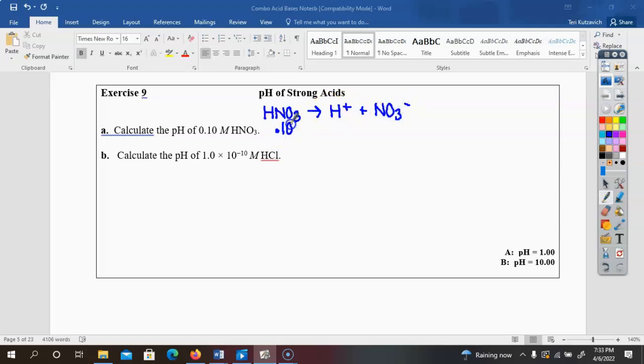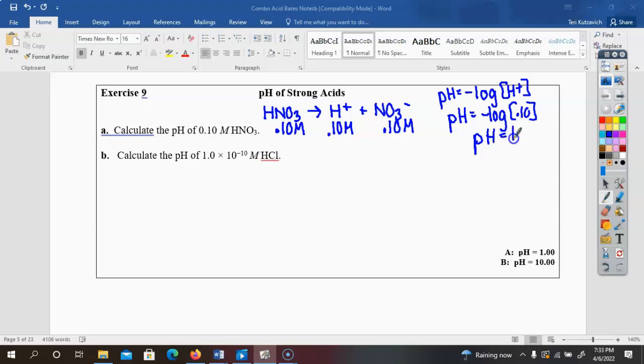If the reaction is 0.1 molar, that means this is going to be 0.1 molar and this is going to be 0.1 molar because it ionizes 100%. So now we know our H plus and we know pH equals negative log of H plus. So the pH equals negative log of 0.1. So your pH equals 1.